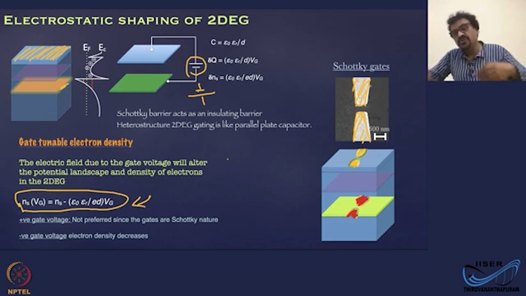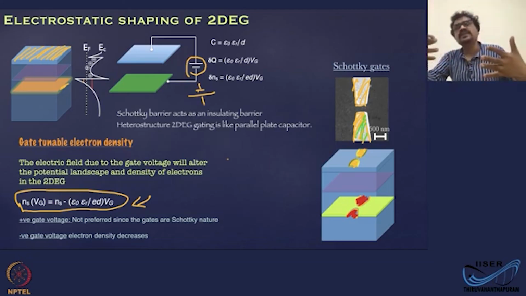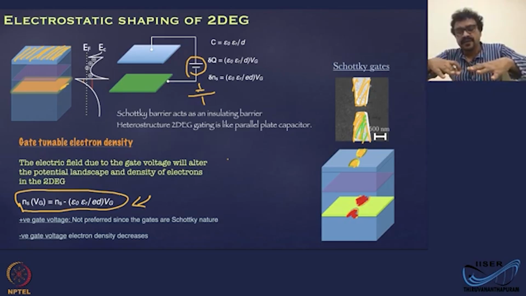So you get a sheet of electrons which is going to reflect the size and shape of the gate on the surface. Whatever gate size and shape you have on the surface, you will get a corresponding configuration or shape for the electron sheet.